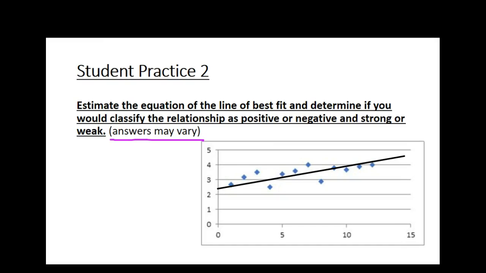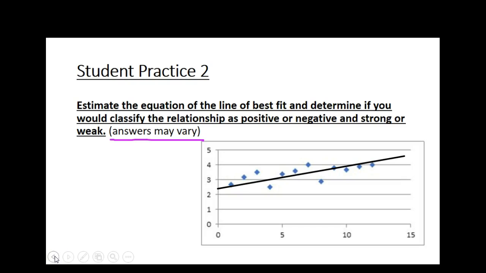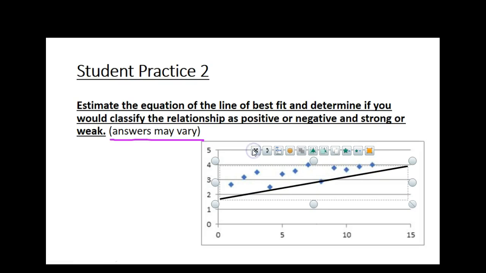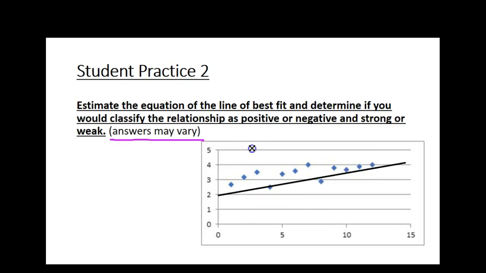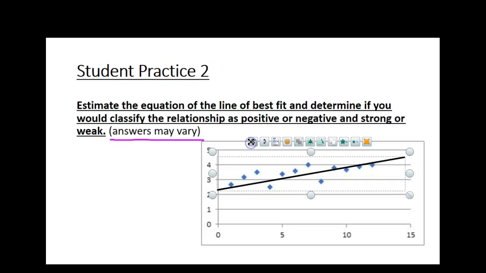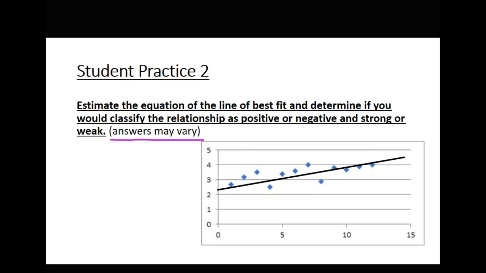Like for instance, I can make this line get really close to those two dots on the bottom, but that's not fair to the rest. You want to make sure everybody gets a fair share of the line. So you want to put the line that gets closest to all the dots. Okay. All right. So that's a good line of best fit there.